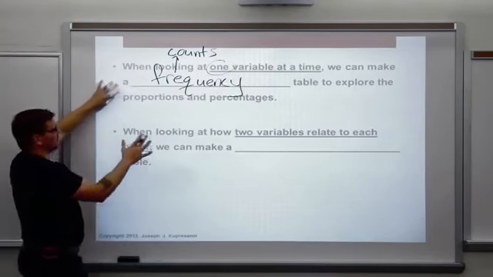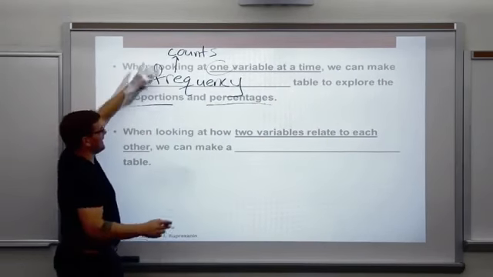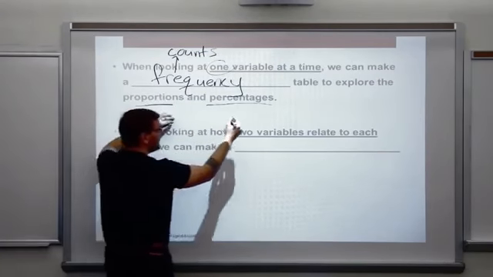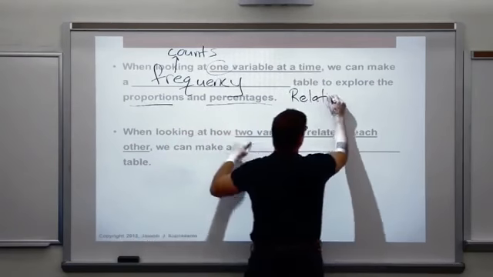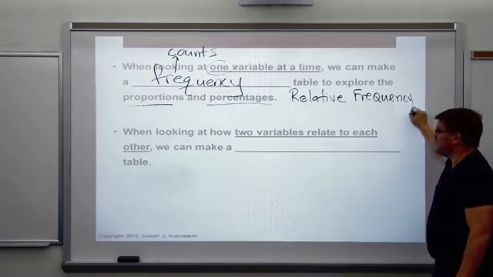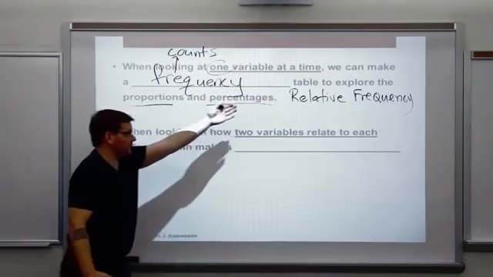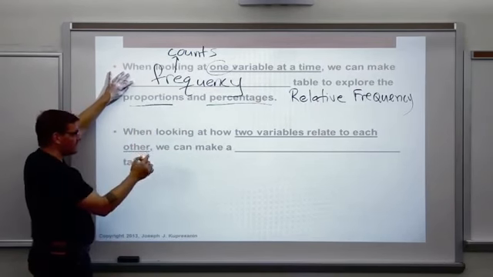Now we could also put the percentages or the proportions. These are the raw counts, and we'd throw a word in front of frequency. We would say relative frequency. So this could also be named relative frequency table. And all that is just the counts or the percentages or proportions. All that could be on the same table, in fact. Okay, so that's one variable at a time.